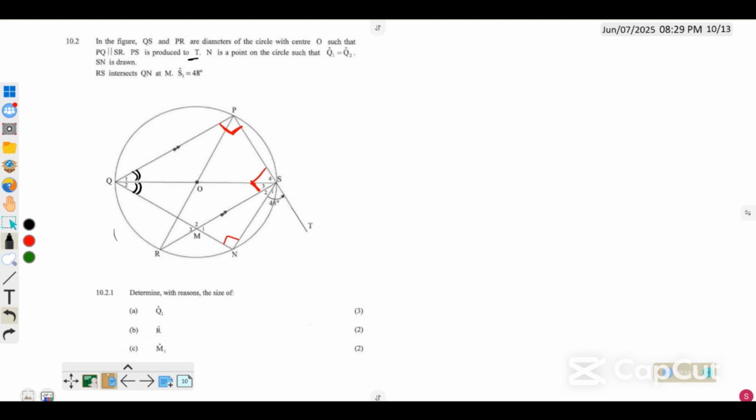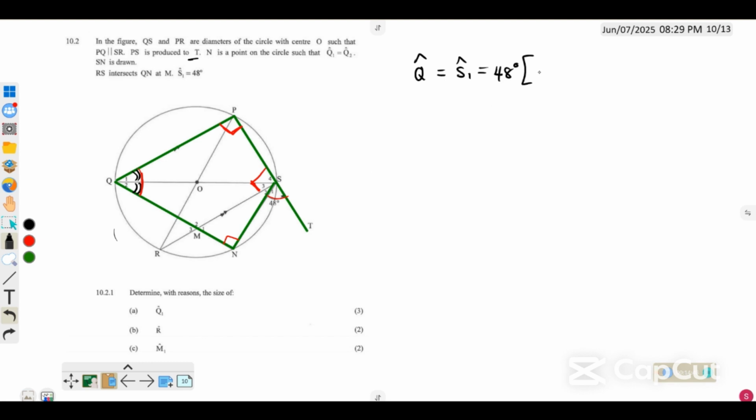So we need to find Q1 first. But if you look at this, you will see the following. We have a cyclic quadrilateral which runs from here, goes to there, and it goes here. But that line is produced to give us the exterior angle of the cyclic quad, which goes like that. And in fact, this whole angle here, which is S1, should be equal to angle Q. Angle Q is equal to angle S1, and they should both be equal to 48 degrees.